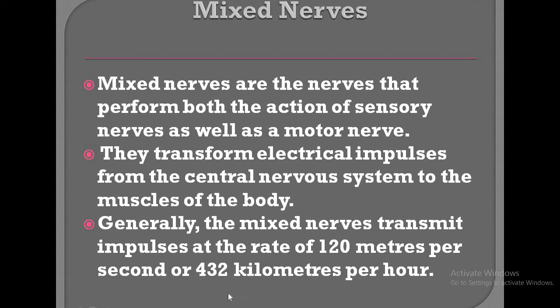When you touch any hot object, the reflex action is shown within a fraction of a second, and the reason for such a quick response is that the impulse is transmitted at the rate of 120 meters per second or 432 kilometers per hour. That is why our reflex actions are very quick, because these mixed nerves are transmitting the nerve impulse at the rate of 120 meters per second.